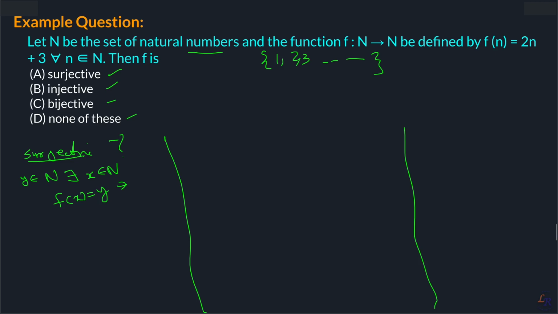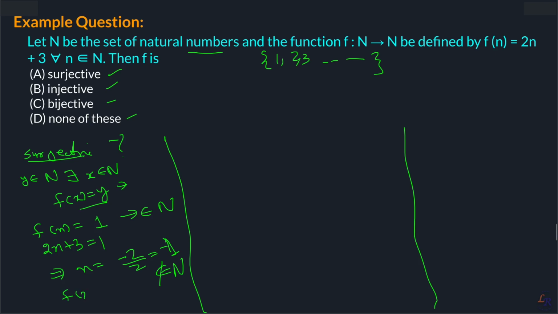So let's say we have f(n) = 1, which is an element of N. Now if I write 2n + 3 = 1, this implies n = -2/2 = -1, right? So you see that -1 is not an element of the natural numbers, right? So this condition is not satisfied.